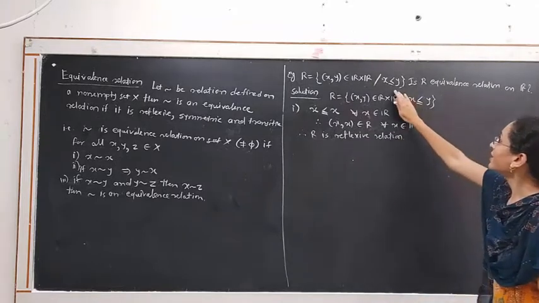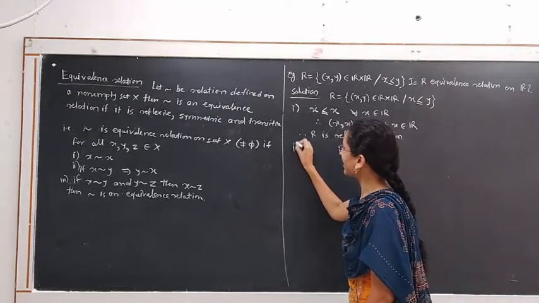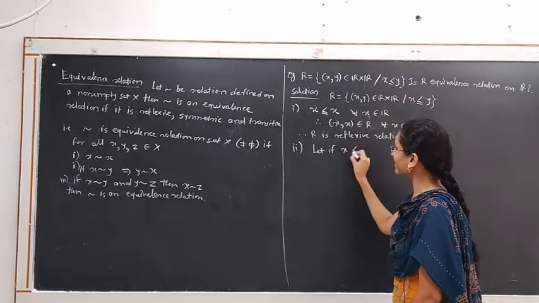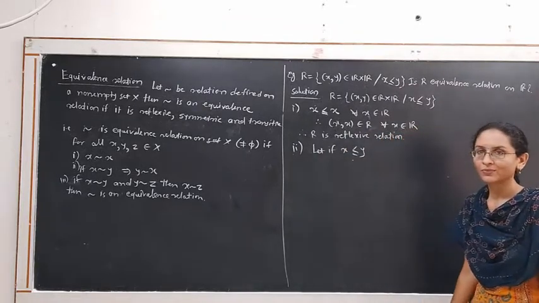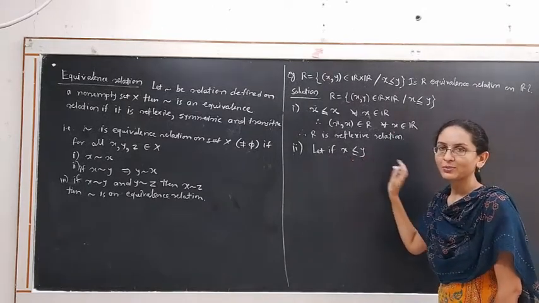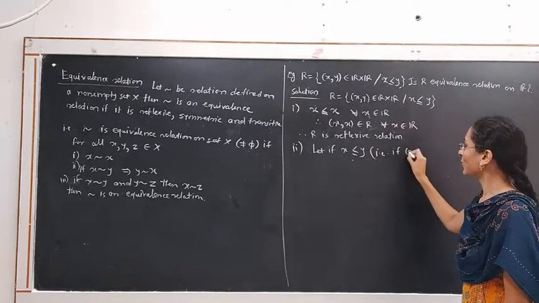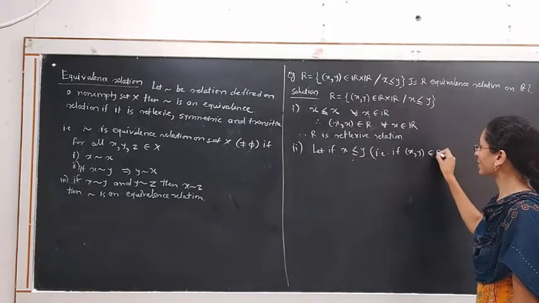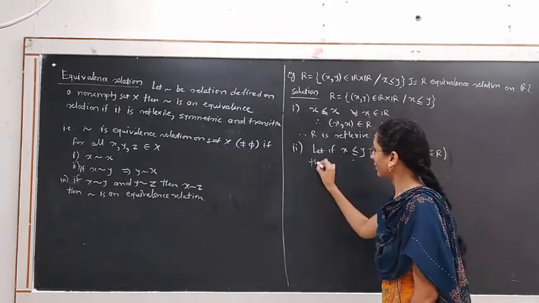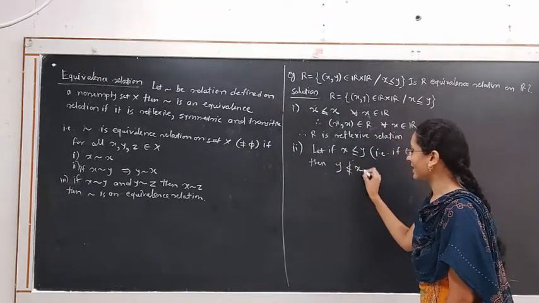We want to determine whether this relation is an equivalence or not. So we check whether it is symmetric or not. Let x be less than or equal to y, means what? The ordered pair (x, y) belongs to set R. If the ordered pair (x, y) belongs to relation R, then y need not be less than or equal to x.